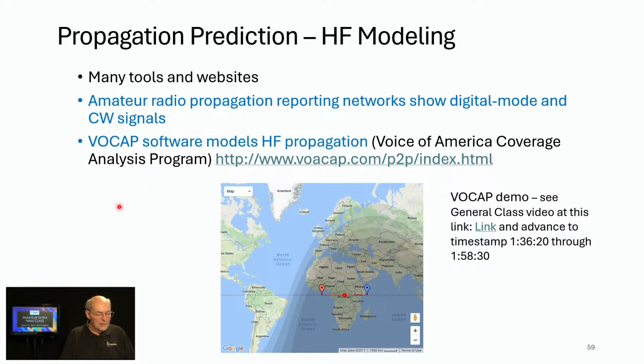So VOACAP software models HF propagation. As Gary likes to say, these are your tax dollars at work. The U.S. government paid for the development, and I think it was specifically for the Voice of America, wasn't it? Yeah. That was our whole job, getting programs into countries via shortwave, and so we needed to know what's the best frequency, the best angle, which antenna to use.